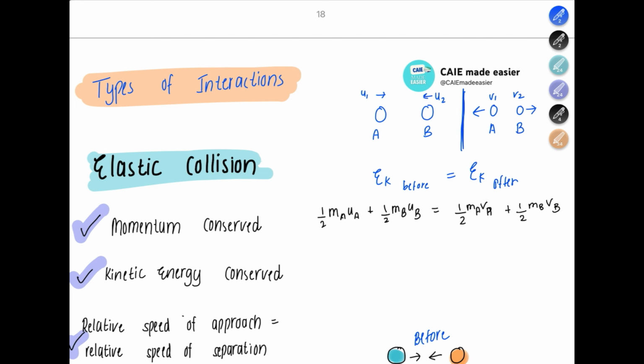Now if you're wondering why I did not include the negative signs here, even though these are moving in different directions, it is because this is energy, and energy is a scalar quantity, so we don't need to think of the directions.